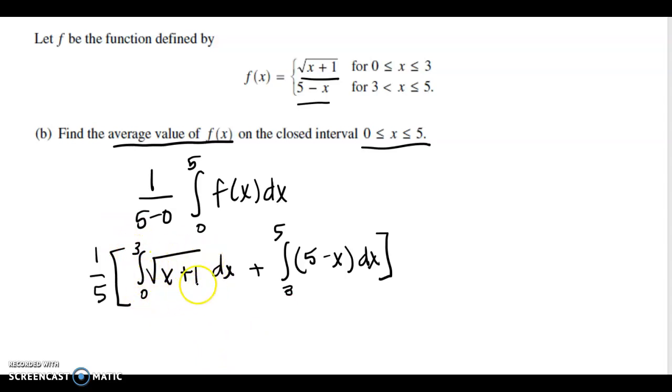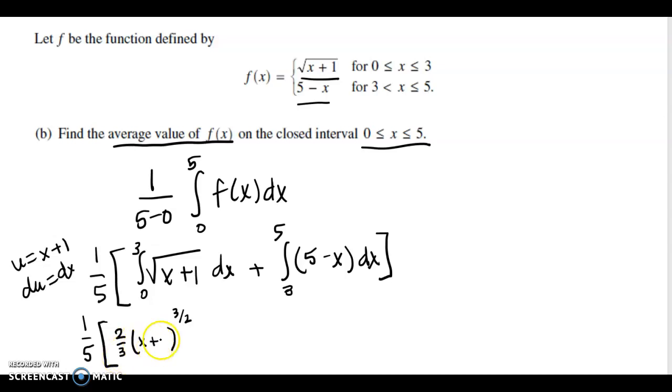This first one here, x plus 1 to the 1/2, I technically would do a u substitution, but because my u is x plus 1, my du is just dx, I don't have to do any balancing or anything like that. So I can really just treat it like an x to the 1/2. And so my antiderivative would be something to the 3/2, and then with a coefficient of 2/3, that something is just x plus 1.